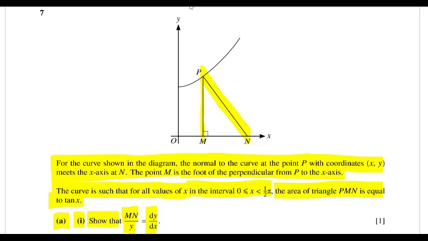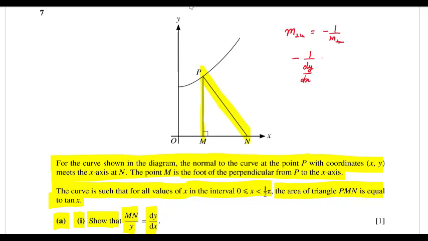So we know that this PN is the normal, and dy over dx for any curve is the gradient of the tangent. So gradient of normal or perpendicular line is going to be the negative reciprocal of the gradient of the tangent. So it means the gradient of PN is going to be minus 1 over dy over dx.